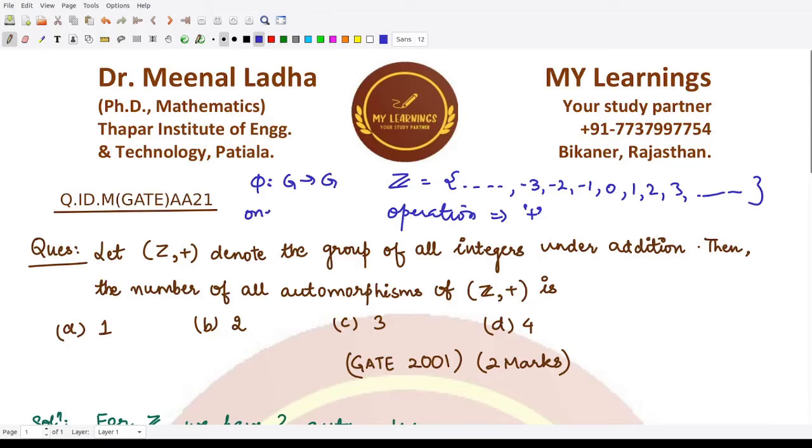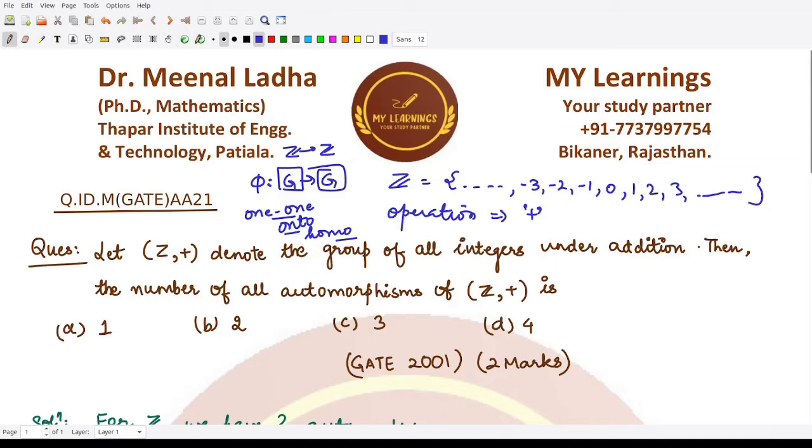That means this is 1-1, this is onto, and this is a homomorphism, which preserves the order. If we have all three things, this is an isomorphism, and moreover it is going from the same group to the same group. In our case it is going from Z to Z, so it would be an automorphism.